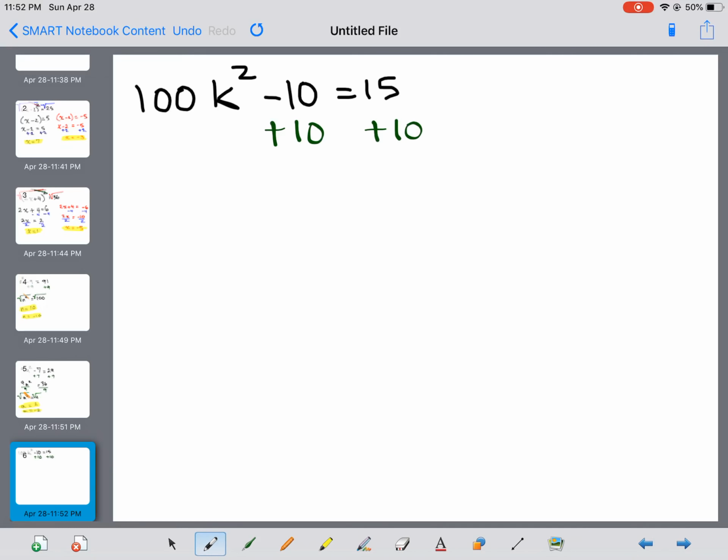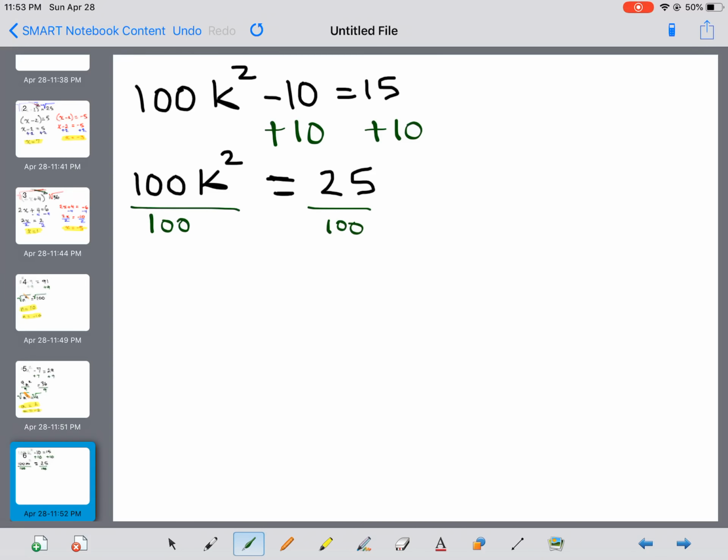So after we add 10 to both sides, the left side ends with 100 k squared. And on the right side, 15 plus 10 is 25. Now we want to get rid of the 100, so we divide both sides by 100. And so now we have k squared equals 25 divided by 100, which is 0.25.